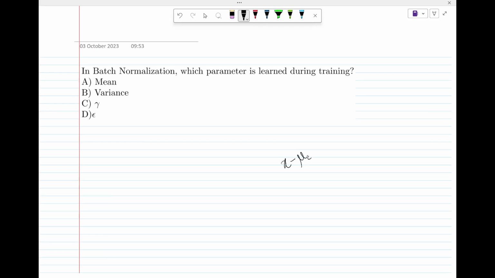For some layer L, if I call this activation of layer L channel C, then it is the activation minus the mean of layer L channel C, divided by the square root of sigma squared L C plus epsilon, giving a hat L C. Now this mean and variance is something that you compute from your data and the activations that they are producing. These are not parameters that you are learning.